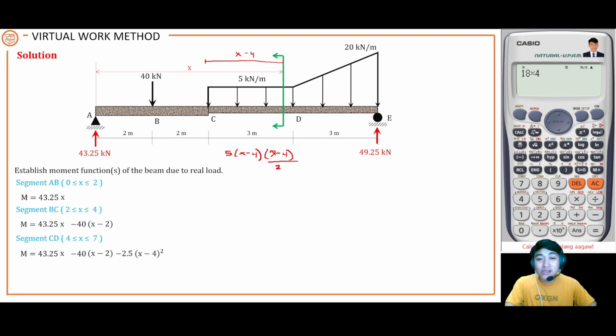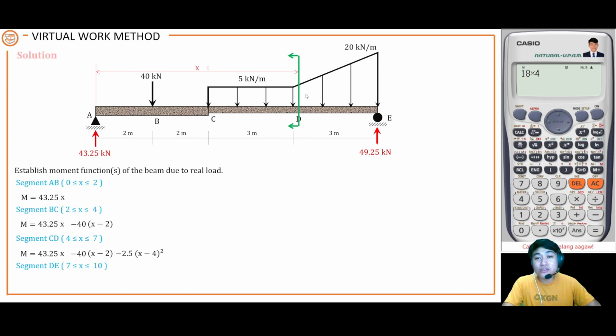Next, we move the cutting section to this point. Take note, class. We are now going to take the moment of all the loads from the cutting section from left to right, but the value of x will be only limited to your segment DE.